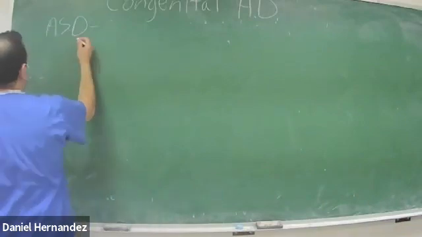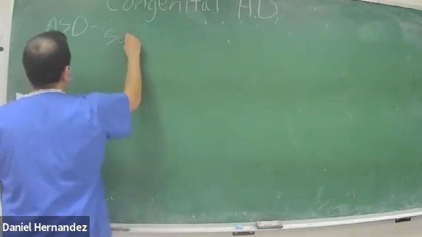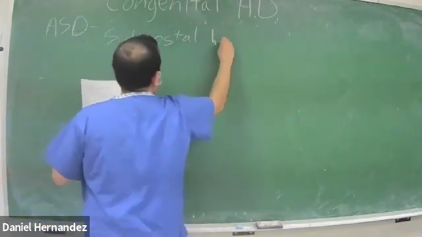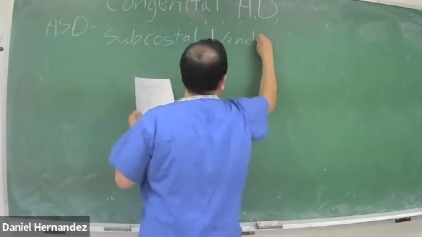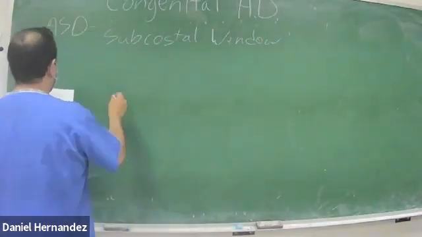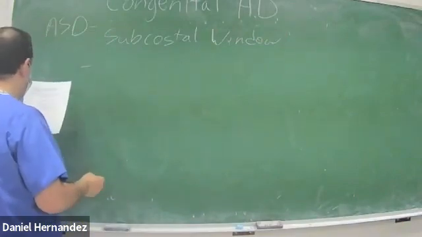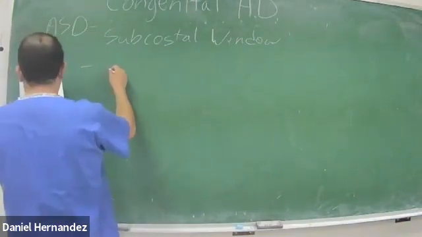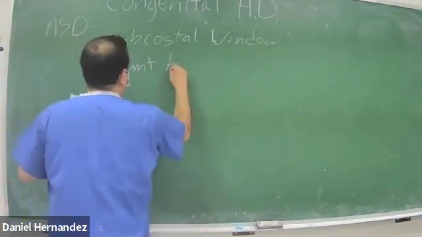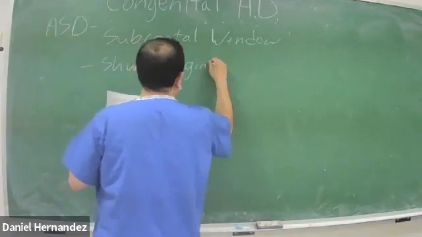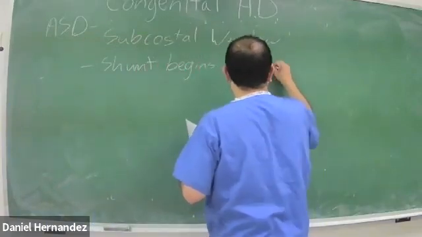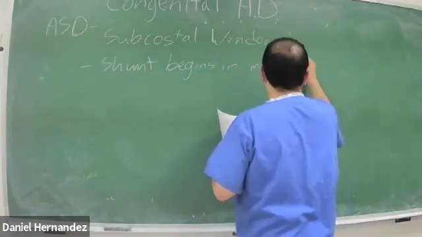So for our ASDs, we use our subcostal window. Shunt begins in mid systole.